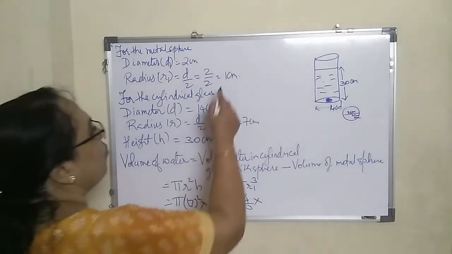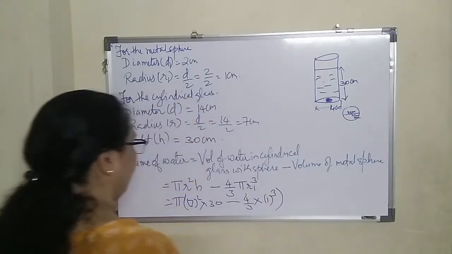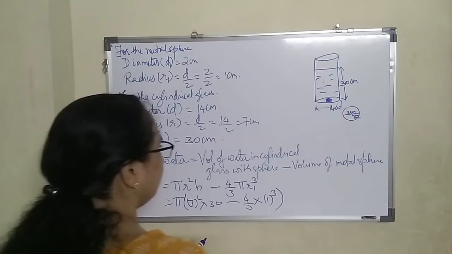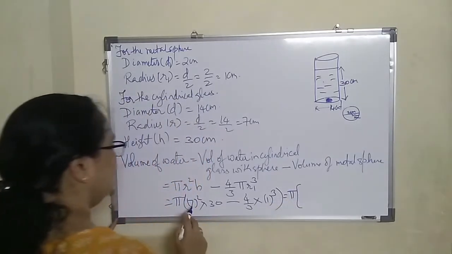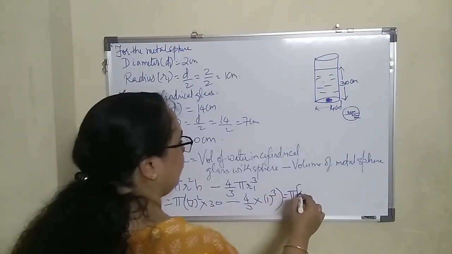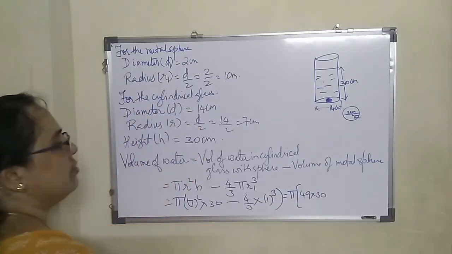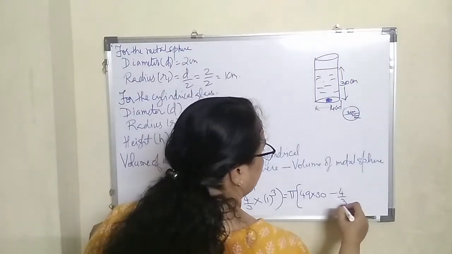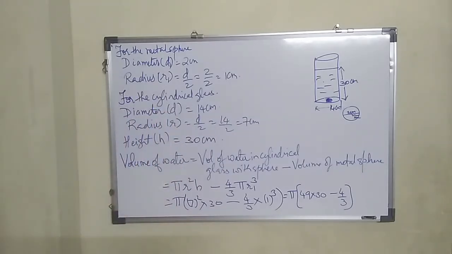R1 cube is 1, very easy to calculate. Have you found it? What is the answer? Pi as it is. 7 square is 49 into 30, minus 4 upon 3.